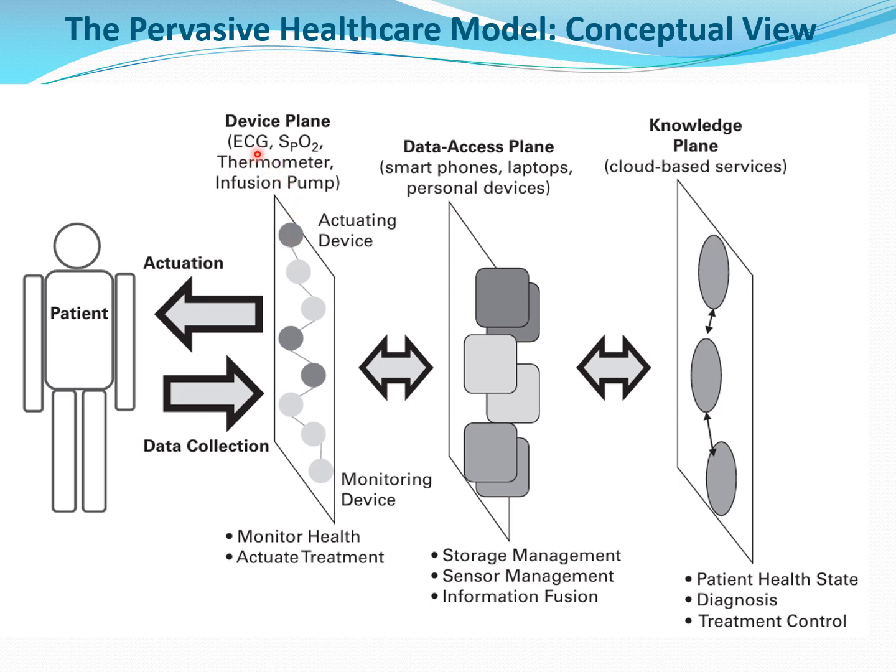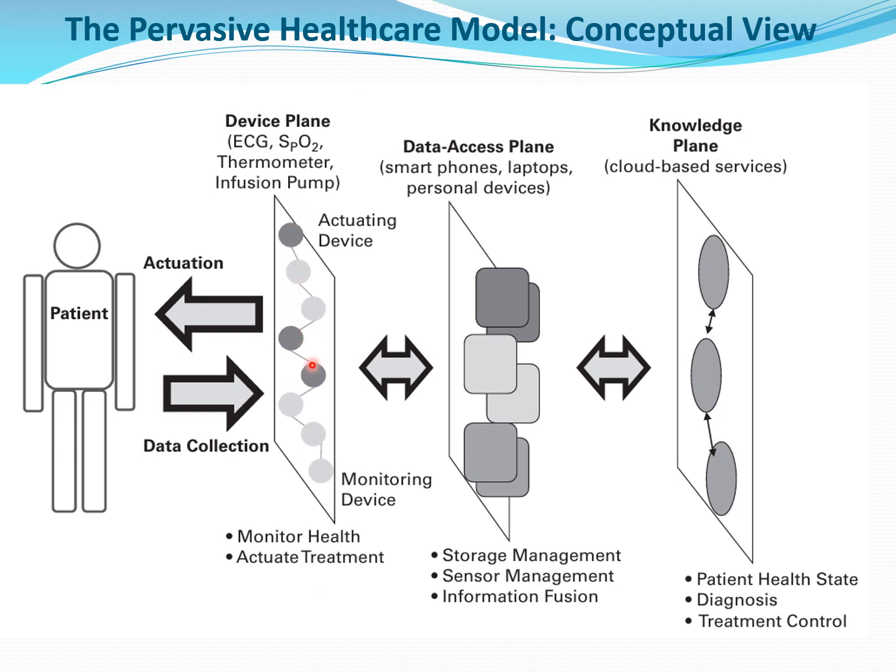You have various sensors for measuring: an ECG, a device for measuring SpO2, a thermometer, an infusion pump. So this is going to be called the device plane. Mainly, this device plane is concerned with monitoring health as well as actuating treatment.